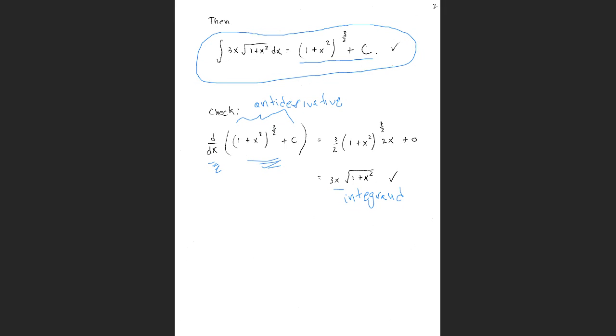We did the integral, and we got our antiderivative. Now all we're doing is checking to see if the antiderivative is correct. And since the derivative of the antiderivative equals the integrand that we started with, it's correct. Okay, I hear you now. All right, very good.